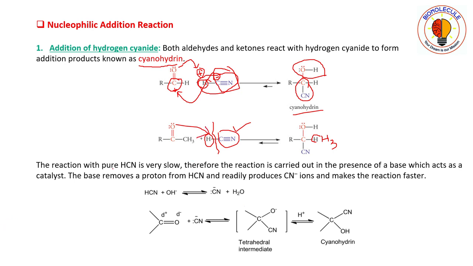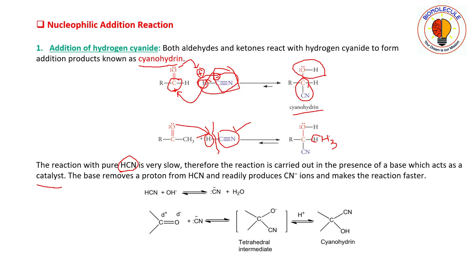The reaction with pure hydrogen cyanide is very slow. Therefore, the reaction is carried out in the presence of a base, which acts as a catalyst. Hydrogen cyanide does not readily dissociate into a proton, H plus, and a cyanide ion.